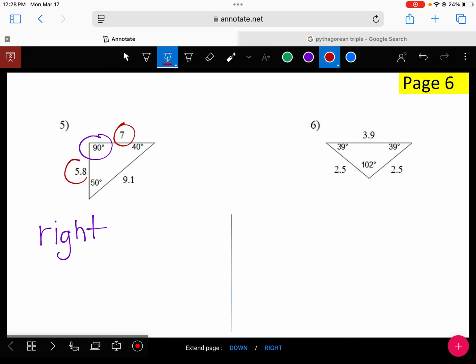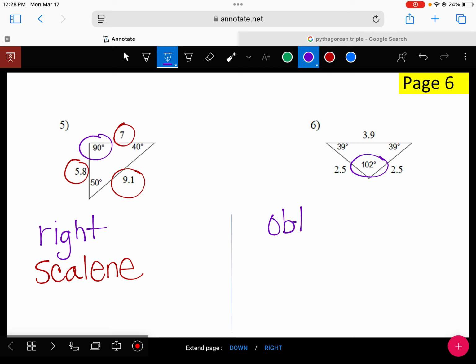And all 3 sides are different, so that is scalene. For number 6, we have an angle greater than 90, which means it's obtuse. 2 sides are the same, which is isosceles.